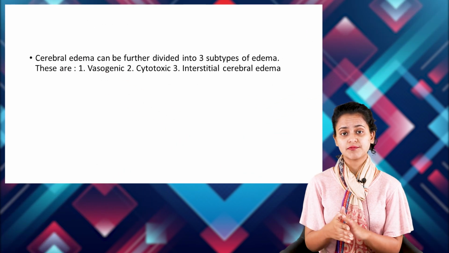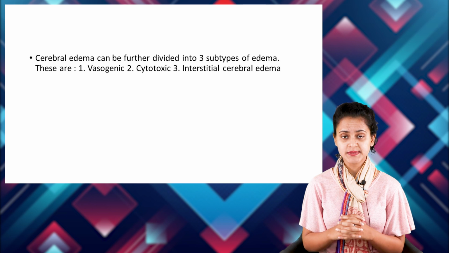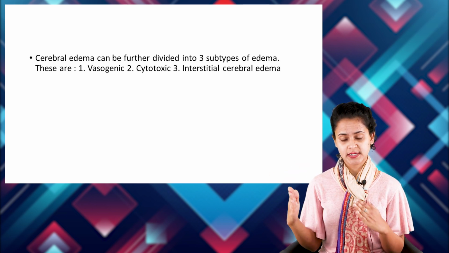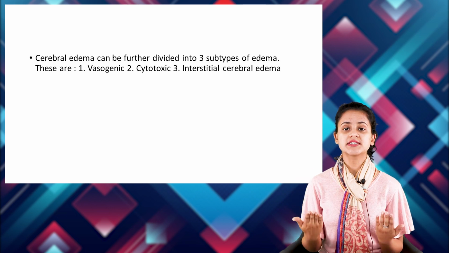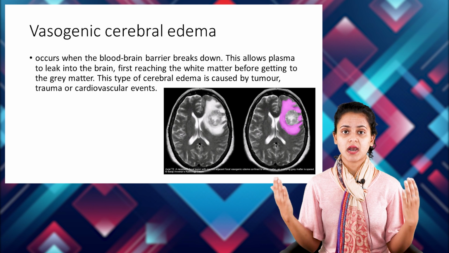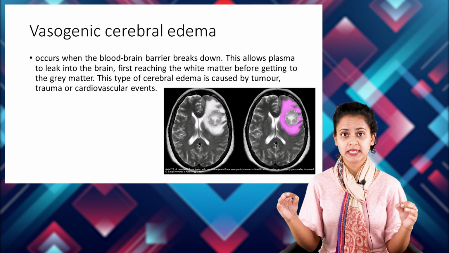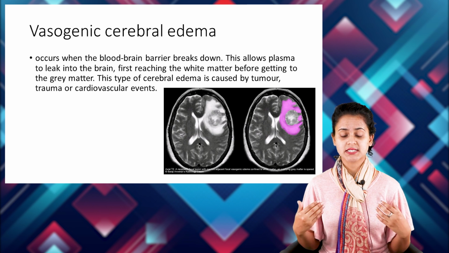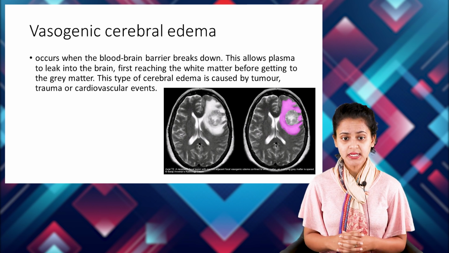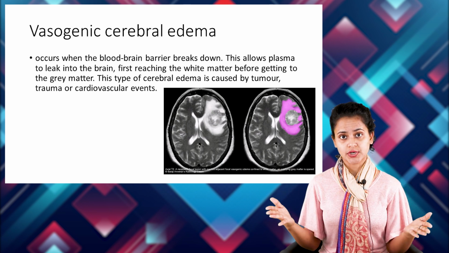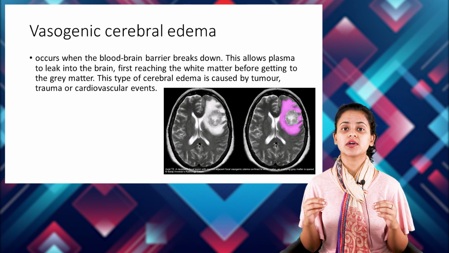Cerebral edema can be further divided into three subtypes. It includes vasogenic cerebral edema, cytotoxic cerebral edema, and interstitial cerebral edema. Vasogenic cerebral edema occurs when the blood-brain barrier breaks down. This allows plasma to leak inside the brain, and first it reaches the white matter before getting into the gray matter.